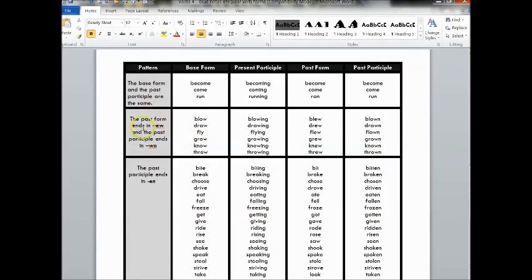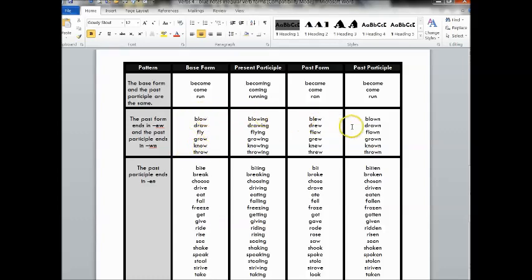The next pattern is the past form ends in EW, and the past participle ends in WN. And fly, even though it doesn't end in a W, in the base form follows this same pattern. So blow, draw, fly, grow, know, and throw are all examples of verbs that follow this form.